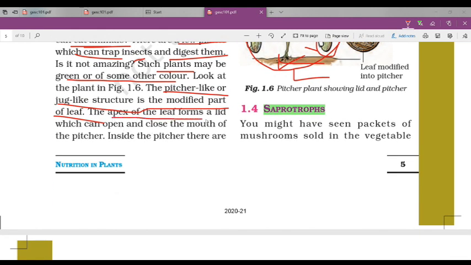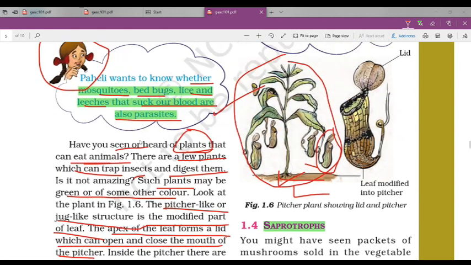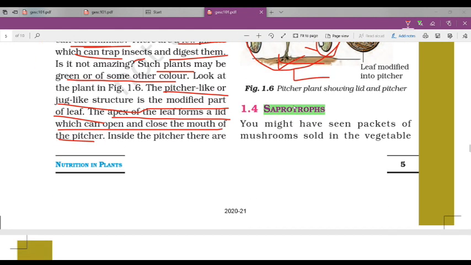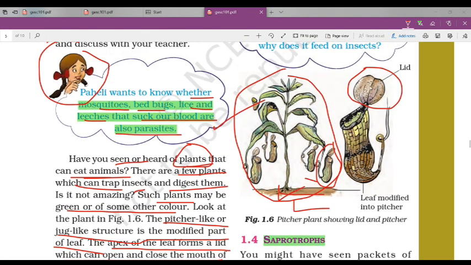The apex of the leaf forms a lid which can open and close the mouth of the pitcher. You can see a lid here. This is the top part of the leaf modified in the form of a lid, and it can open and close. It closes when an insect goes inside.